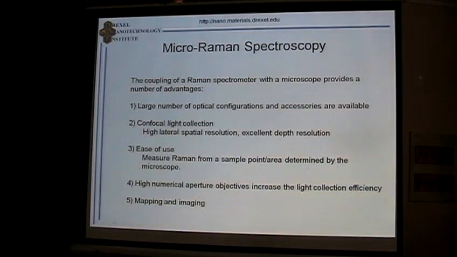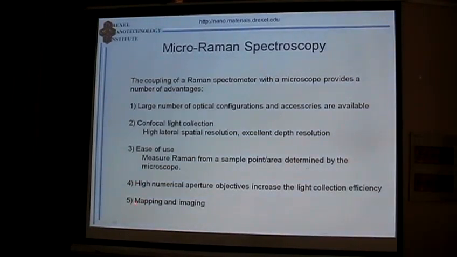You can collect light confocally from the sample, from in-depth here. It's much easier to use because you see where you do the analysis. It's extremely important when you work with small samples such as carbon nanotubes that you see at the limit of optical resolution, or frequently just as a dark line on the surface where you have no idea about the thickness, because definitely the diameter of the nanotube is smaller than half lambda for the visible light wavelengths here.